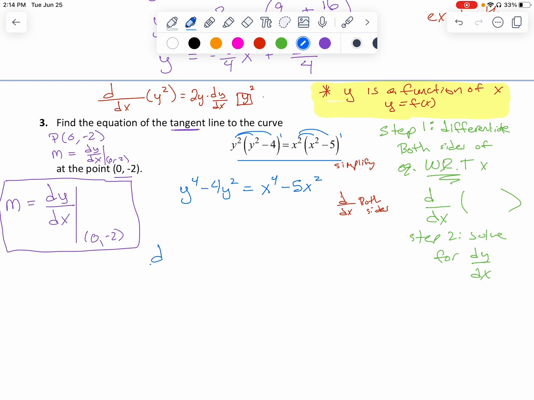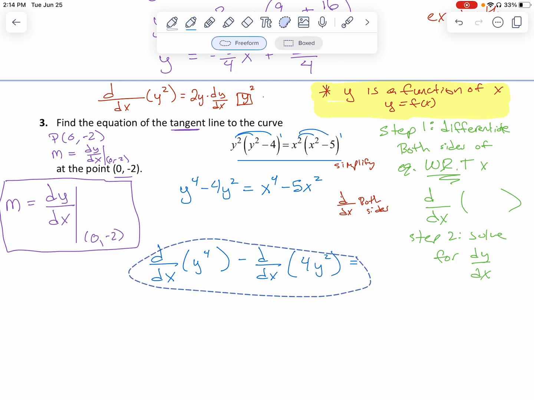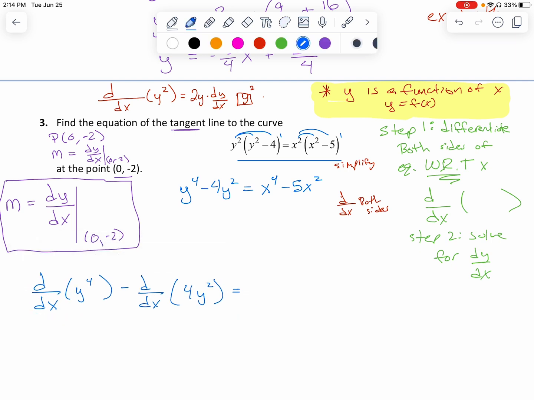I'm going to do d/dx of y to the 4th minus d/dx of 4y squared equals d/dx of x to the 4th minus d/dx of 5x squared.